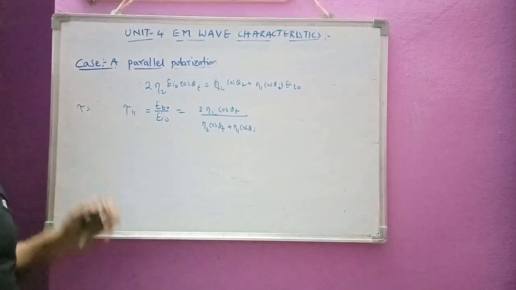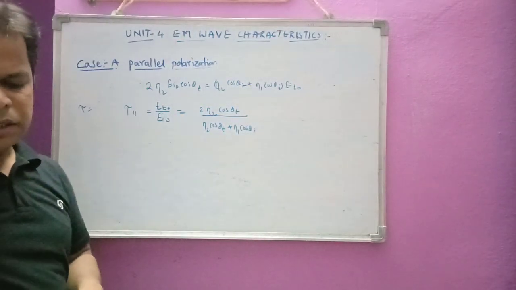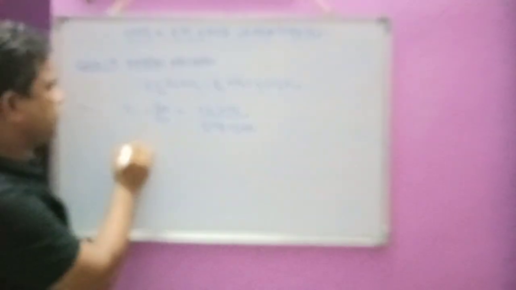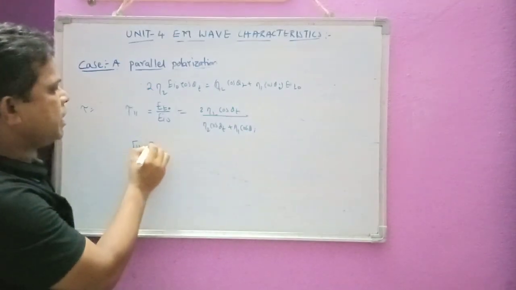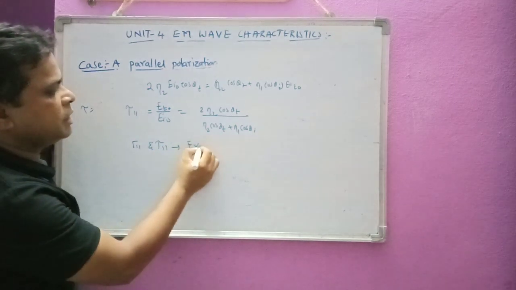This is the final expression for tau parallel. These are gamma parallel and tau parallel, and these equations are referred to as Fresnel's equations.